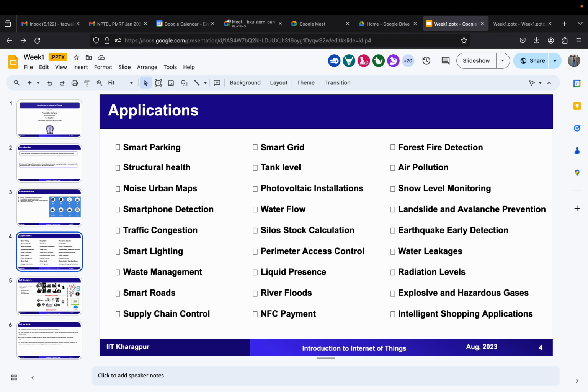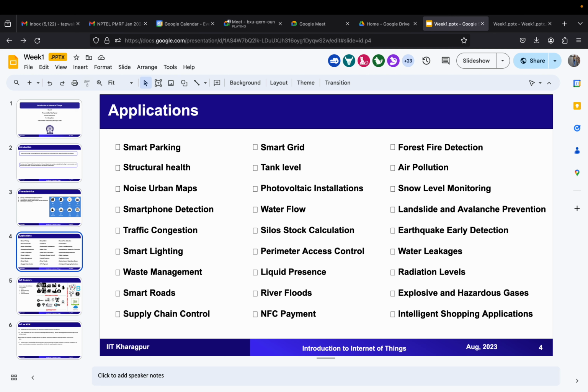Now the applications. There are various kinds of applications. For example, you can use Internet of Things in smart parking. In smart parking, various sensors can be deployed in your parking area, and with the help of those sensors you can assist the driver as to which parking lot is empty and how the driver should move his car to get into the parking lot.